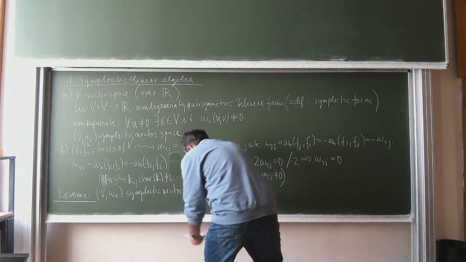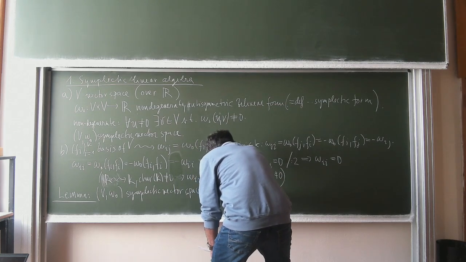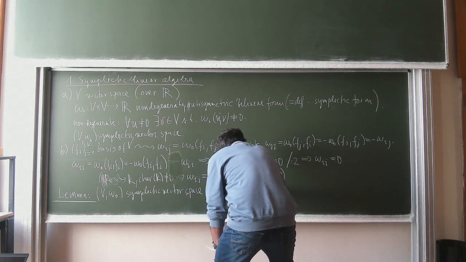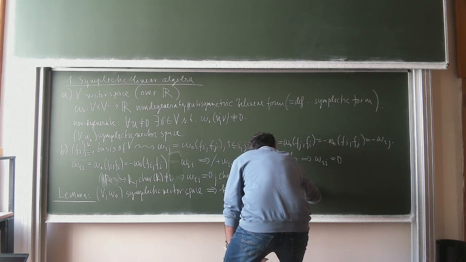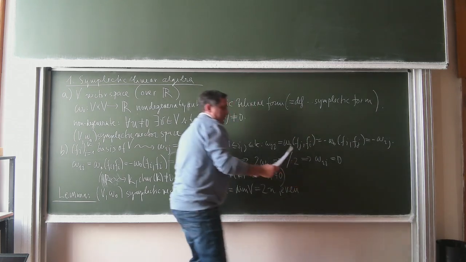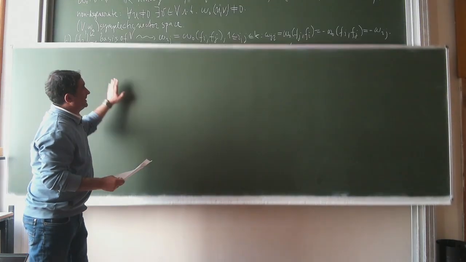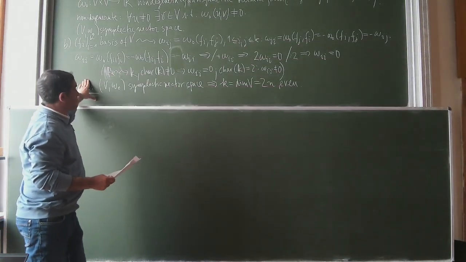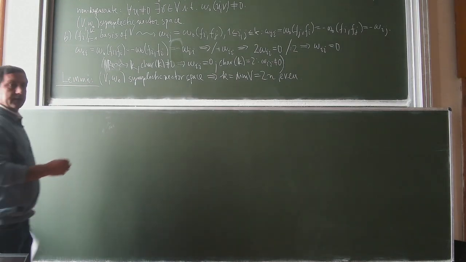Then the dimension k is necessarily even. How to prove this fact correctly?